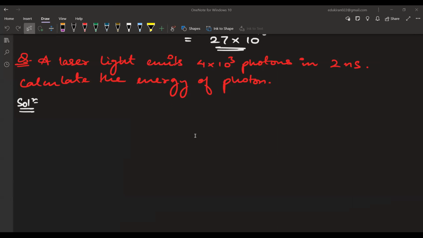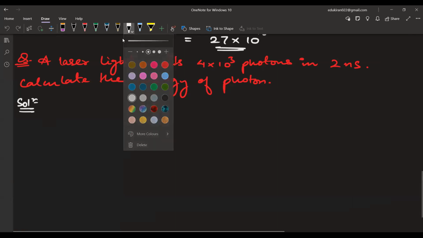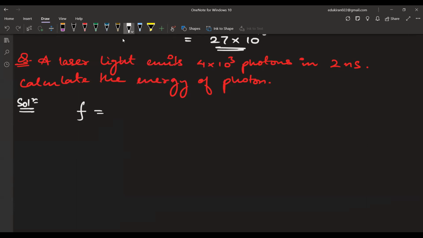Right. So frequency is also equal to 1 upon time period, right? Correct. So here you just needed to write frequency is equal to 1 upon t, nothing else. Okay.